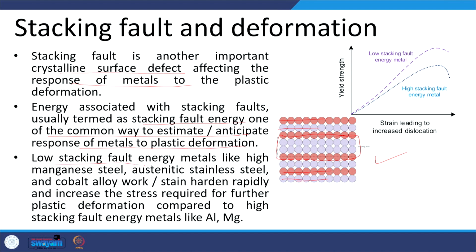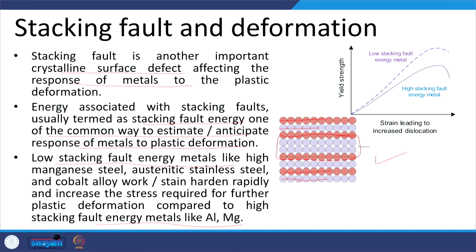So, the low stacking fault energy metals like high manganese steels, austenitic stainless steel, and cobalt alloys show a high strain hardening tendency. So, they strain harden or work harden rapidly, increasing the stress required to cause further plastic deformation as compared to the high stacking fault energy metals like aluminum and magnesium.